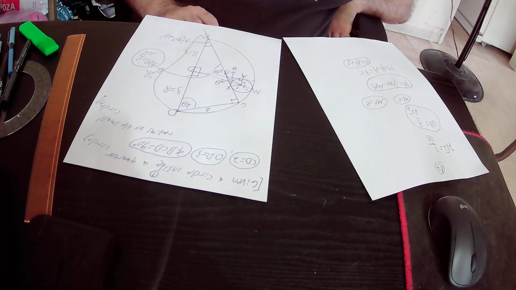So actually in the right triangle APO, we know that the square of the hypotenuse equals the sum of the squares of the perpendicular sides. That is to say, AP square plus AO square equals PO square.